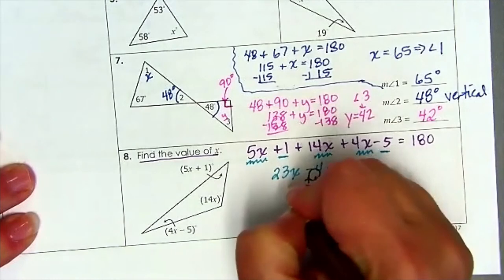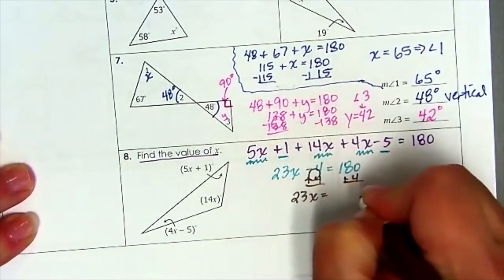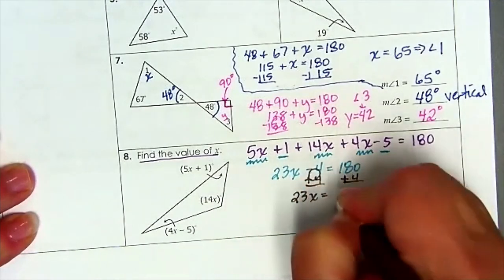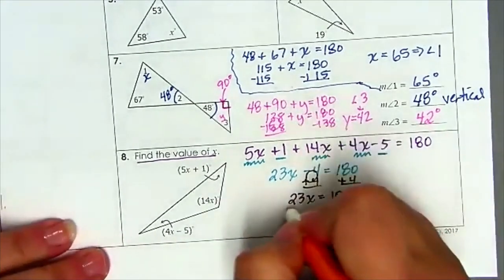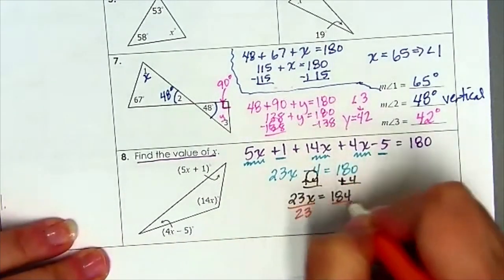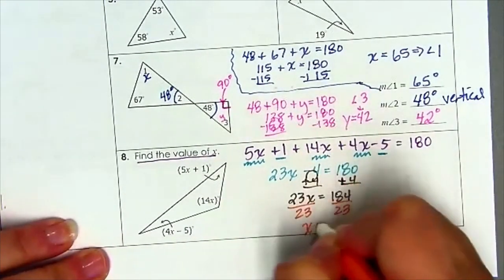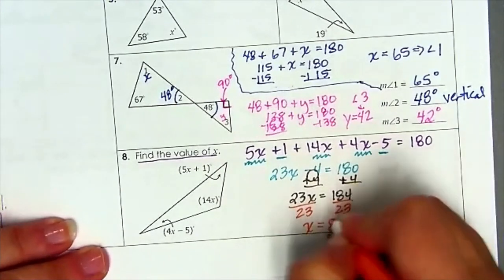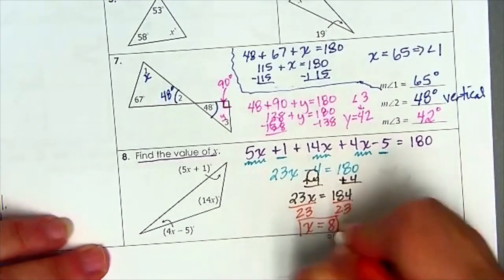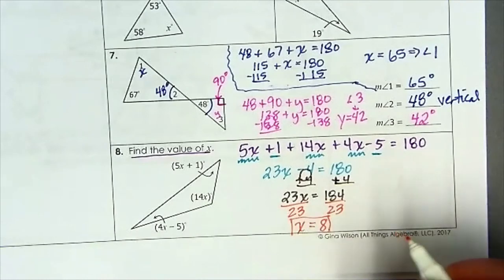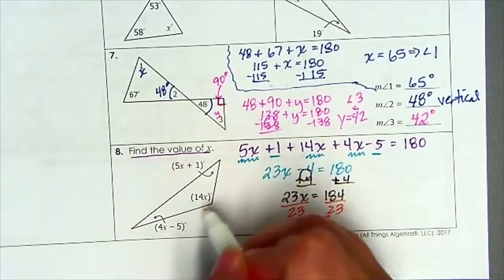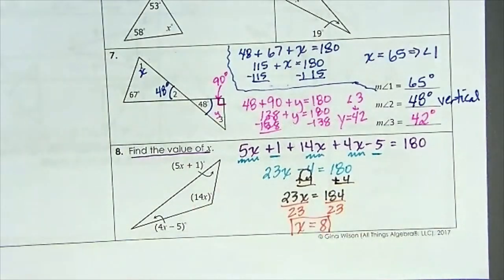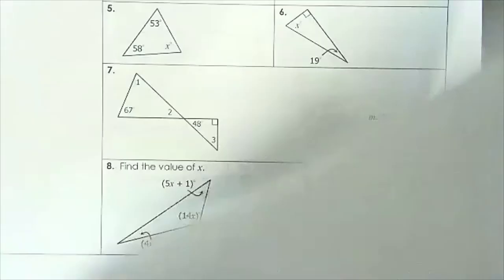That zeroes out, and now I have 23x equals 184. Divide by 23, and x equals 8. Now, if it wanted me to find the angles, then I would just plug the 8 into each expression and simplify to find the exact angle. Okay. Next page.